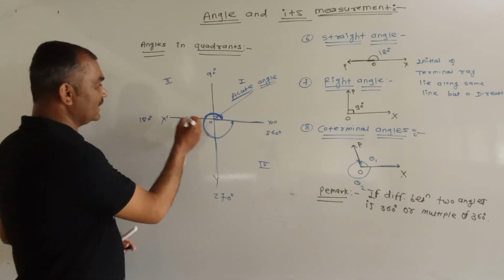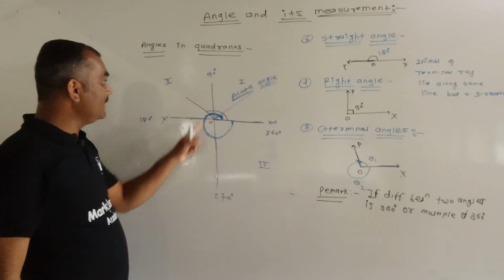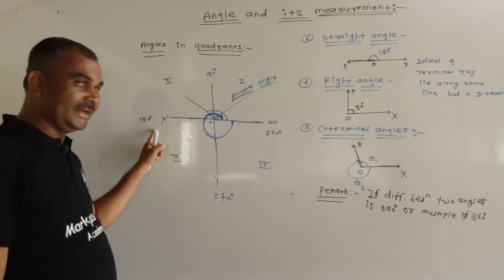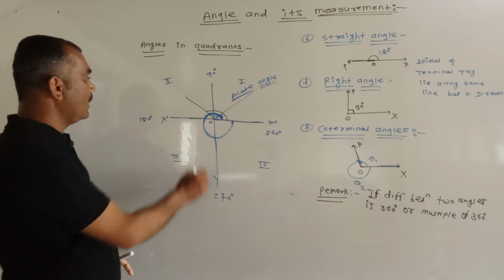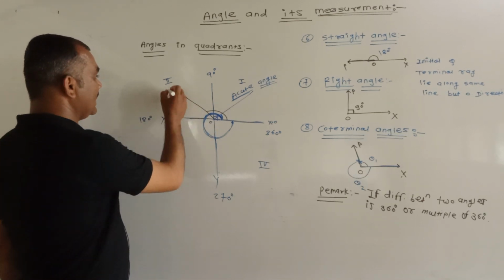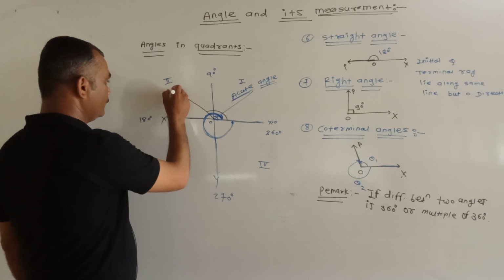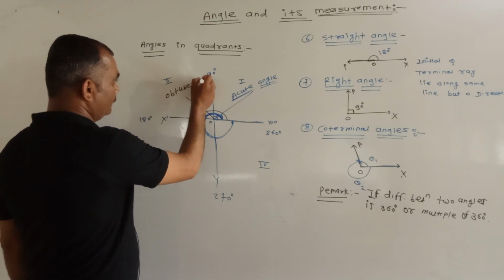And the angles in second quadrant, suppose this is your angle in second quadrant, the angle between 90 degree to 180 degree are angles in second quadrant, and the angles in second quadrant are called as obtuse angle.